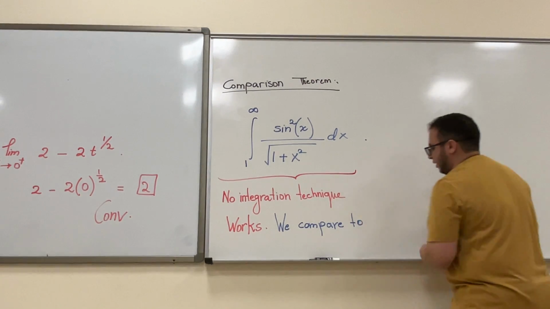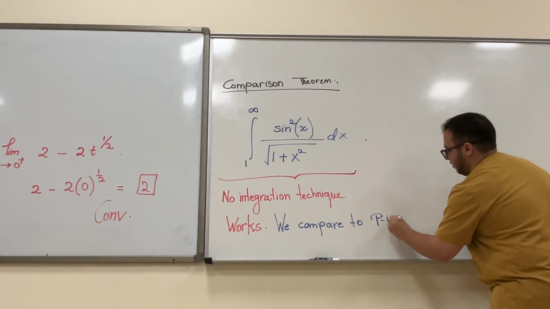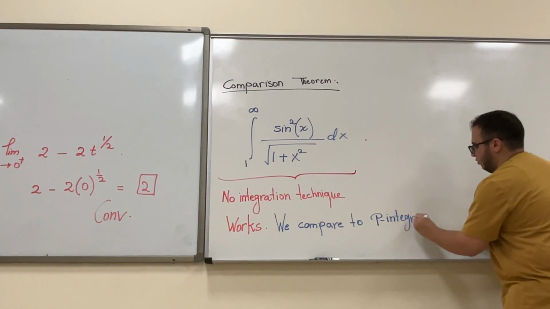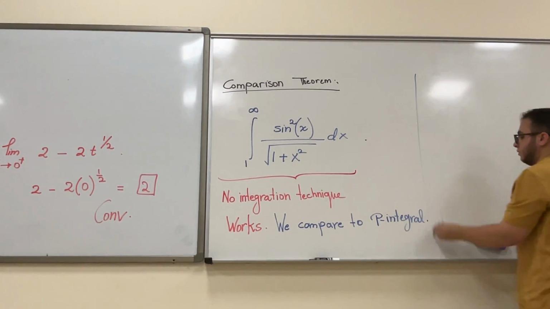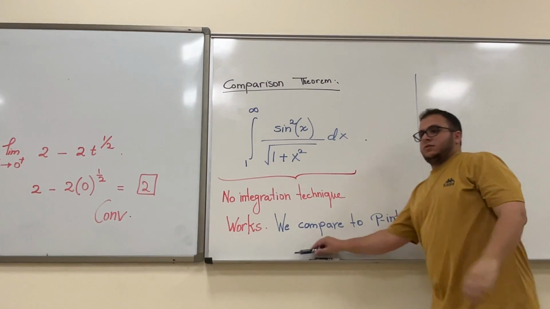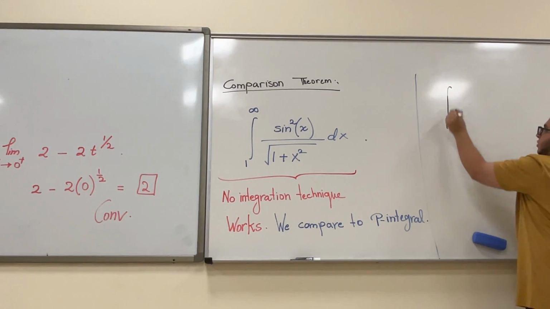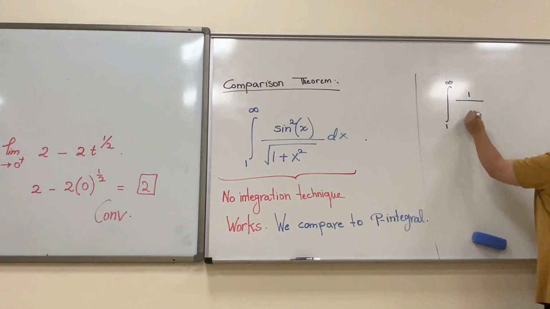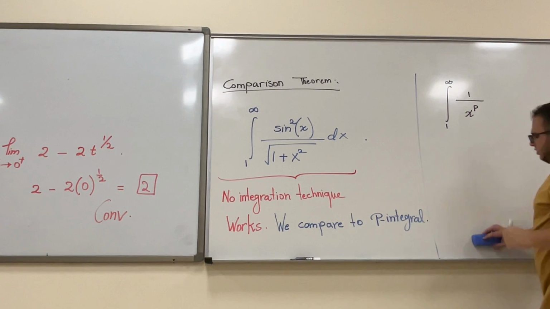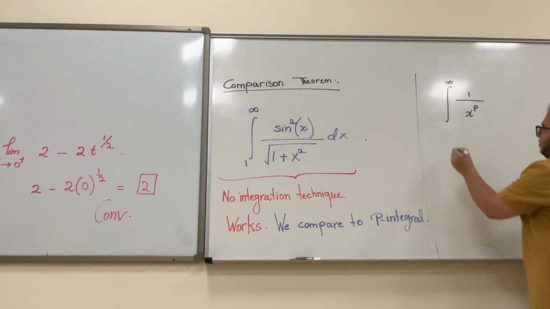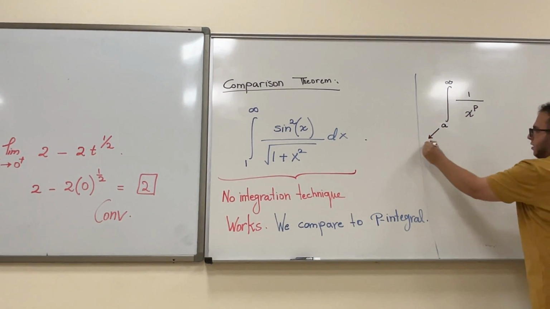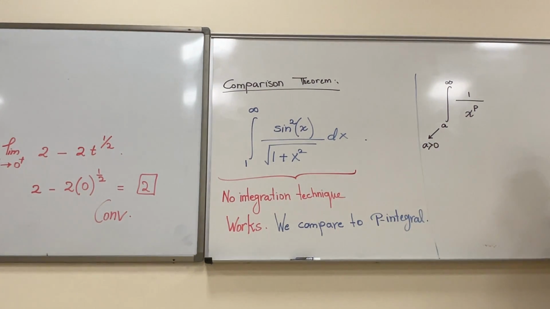to what they define in class as the p integral. You took this, right? You did. The integral from 1 to infinity of 1 over x to the power p. Now this is not necessarily 1, by the way. There is nothing special about it. It can be a, any number strictly larger than 0.